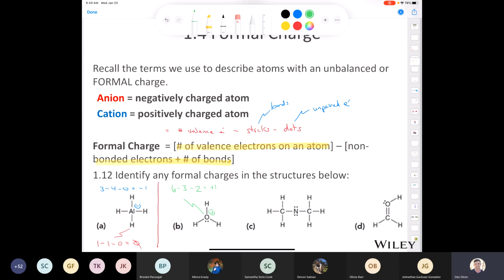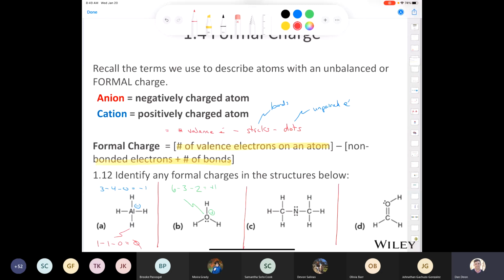Could anybody tell me what the charge is on the next one, or if there's any charge anywhere in C? Is there any formal charge in C? What about on the nitrogen? Because you can see the carbons have 4 bonds. Yeah, thanks, Byron.